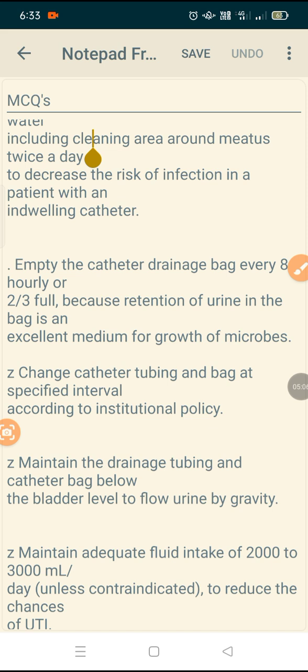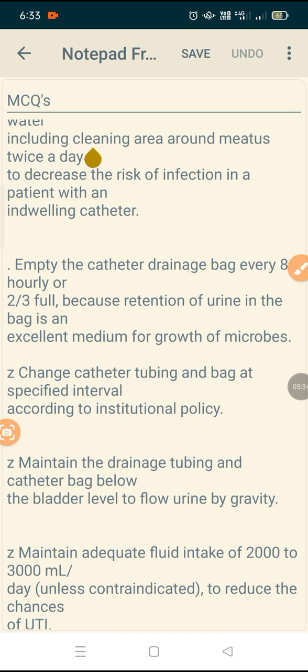So we need to empty the bag every 8 hours, when it is 2/3 full only. Change the catheter tubing and bag at specified intervals according to the policies. We have some policies to change particular bag tubings, so we need to change these catheter tubings also according to our hospital policies.